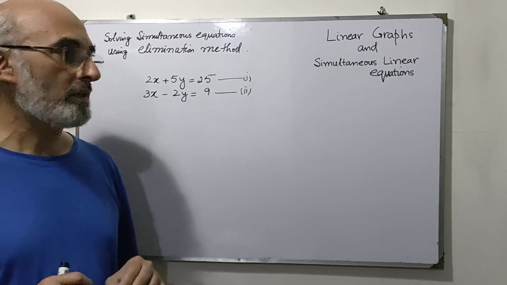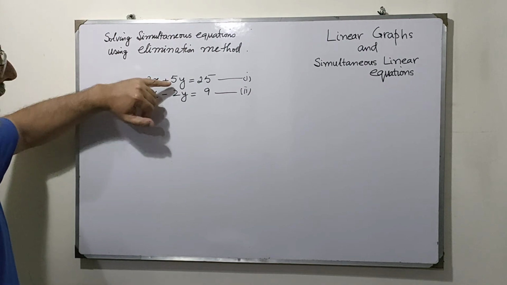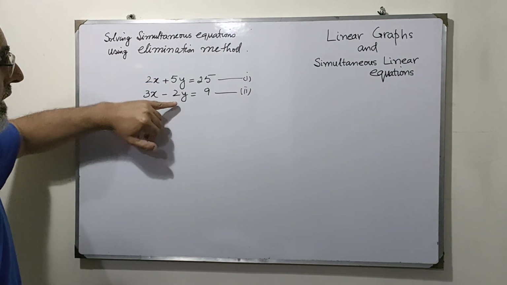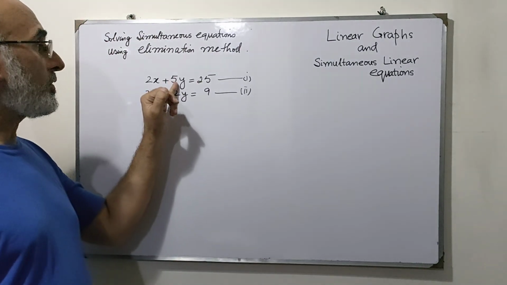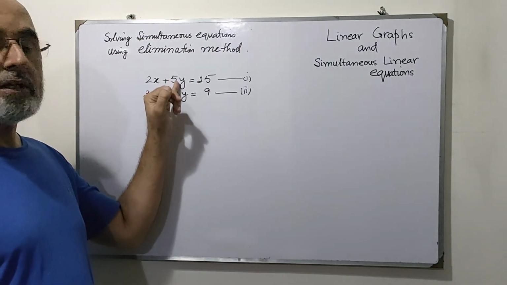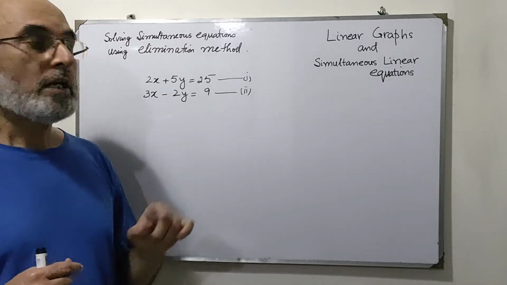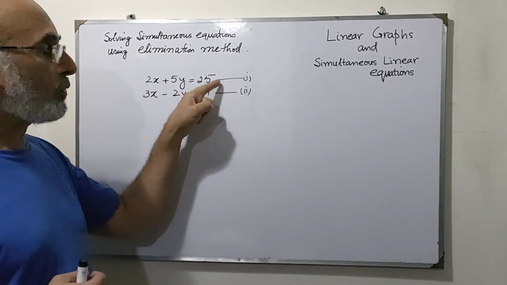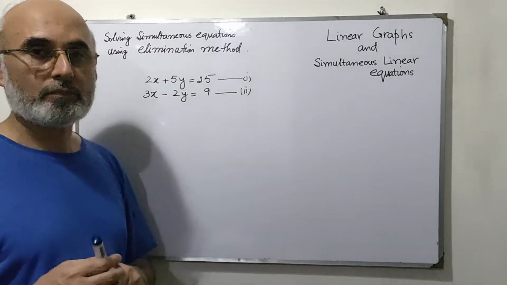So what do we do? As we can see here, y is positive here, y is negative here. The coefficient of y is 5 here and the coefficient of y is minus 2 here. So what are we going to do? We're going to multiply this whole equation by 2 and this whole equation by 5.